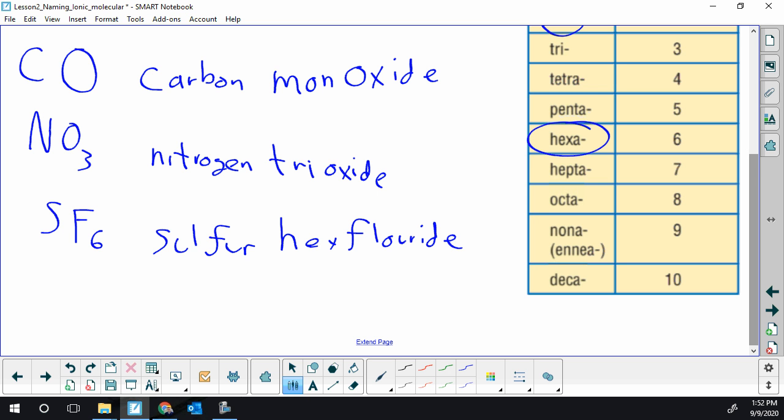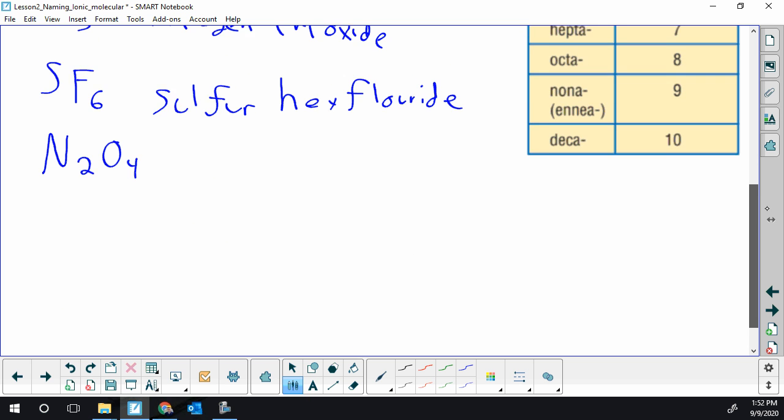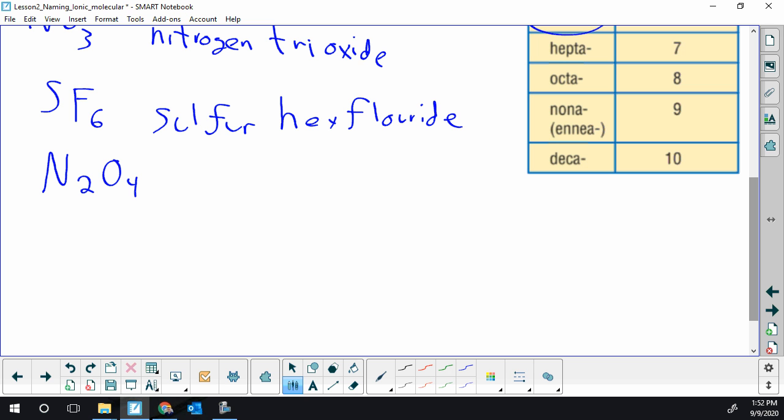My last example, I wanted to get something in that doesn't have a 1 at the start. N2O4. So in this case, we have 2 nitrogen. So I have to tell the reader how many there are. Again, do not use charges for the N and the O. Okay?